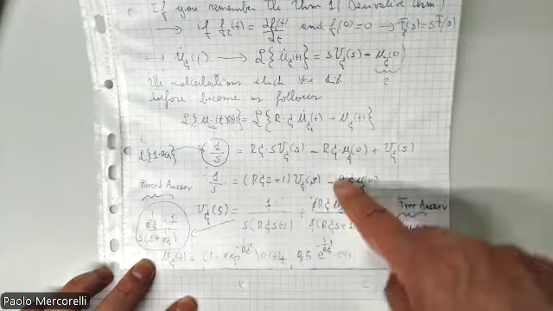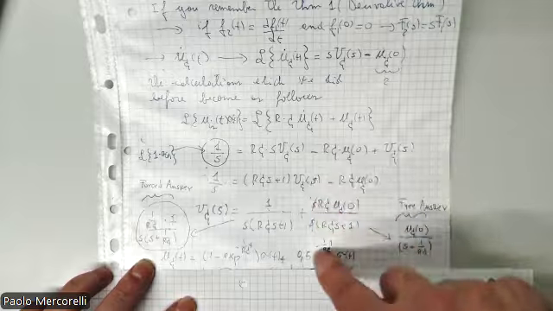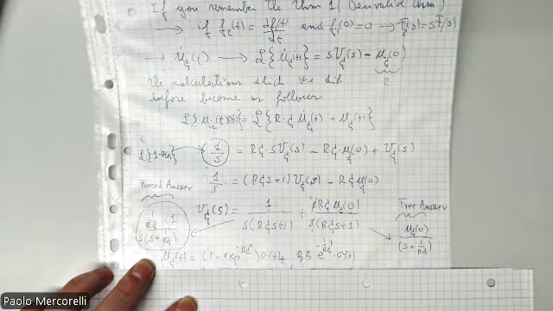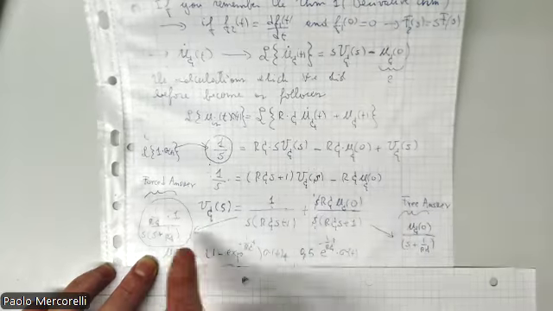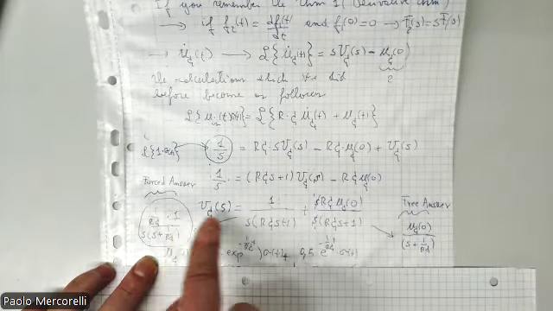If I multiply by S, I have an S here, and then when I divide, of course, this will change.